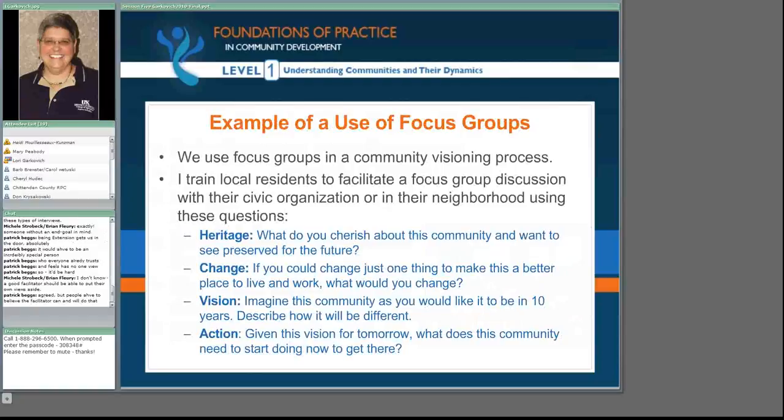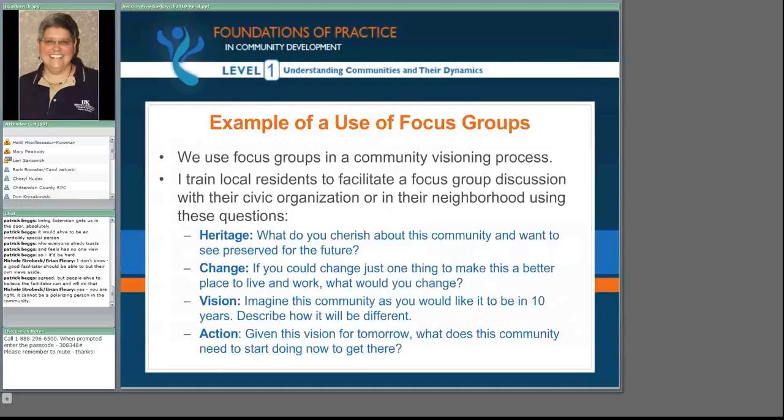When we do this process, we ask community groups who want to participate in the visioning process, and they're all strongly encouraged. And most of them want to.